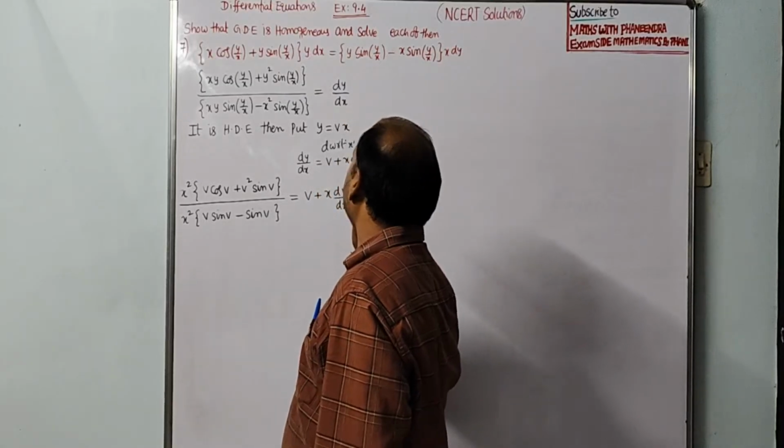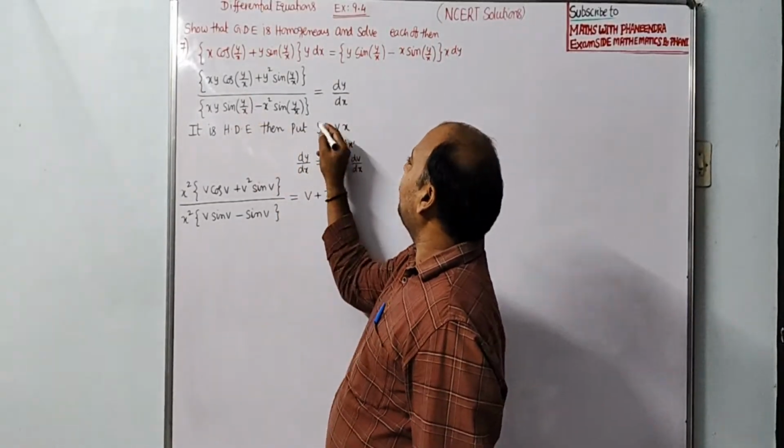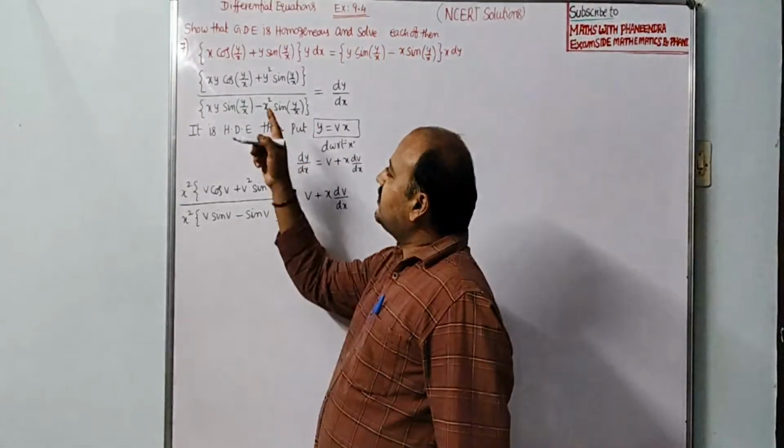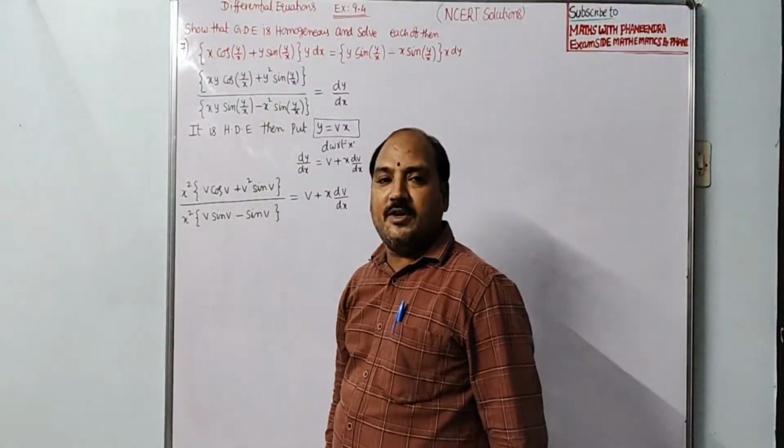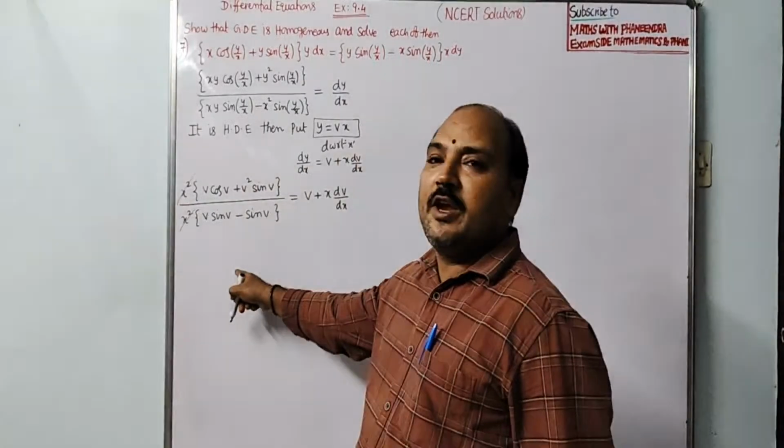I hope you understand it clearly, students. Wherever y is there, replace with vx. Next, in numerator and denominator, I have taken common x square. In the next step, this v also bring this side and take the LCM.